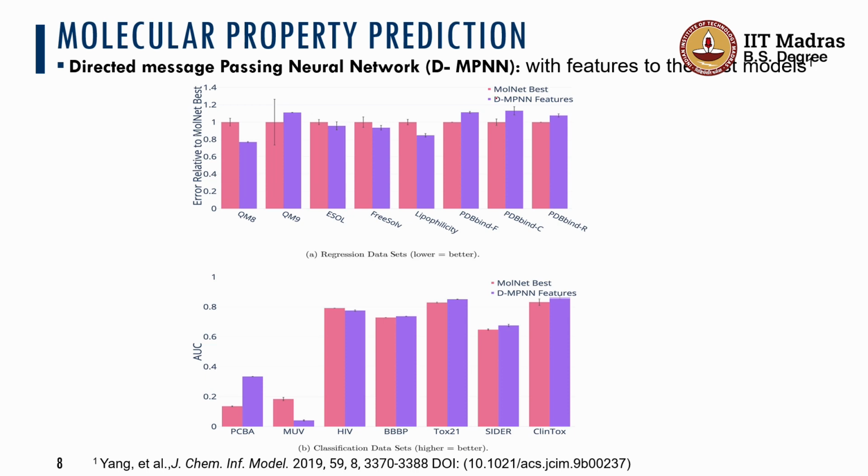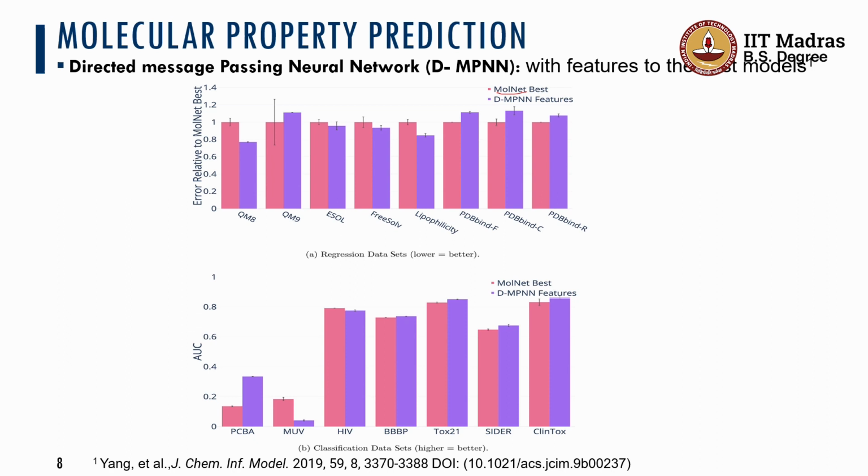on the benchmark datasets. So MoleculeNet provides you a set of benchmark datasets on which you can try out your algorithm and see whether it outperforms some of the baseline models at that time or state-of-the-art models.